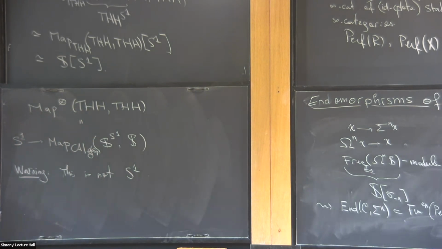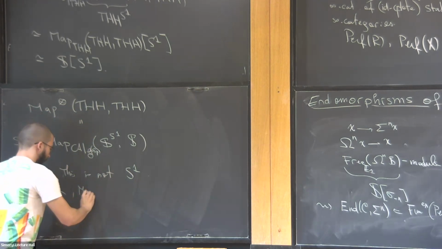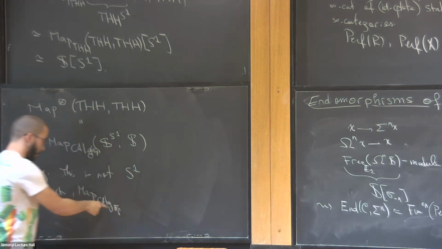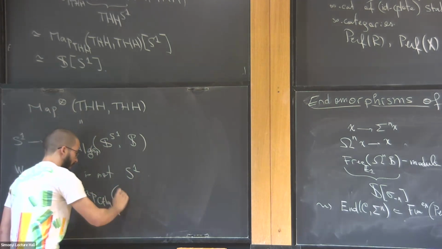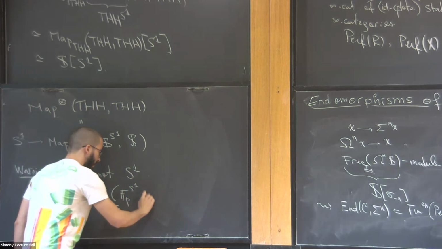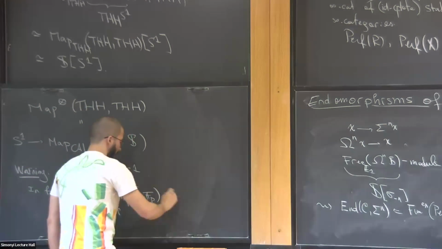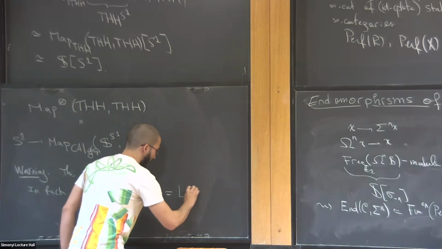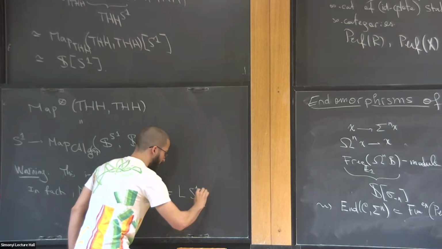In fact, over F_p, what you find is that maps of F_p commutative algebras from these cochain algebras to F_p, well, canonically what it is is the free loop space on the p-complete circle.